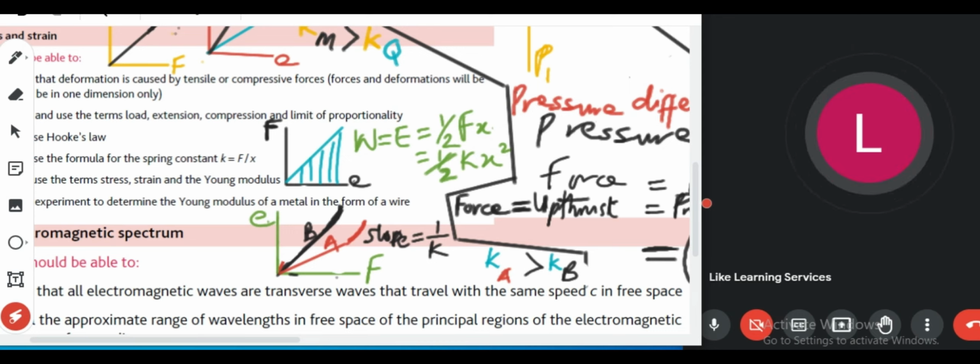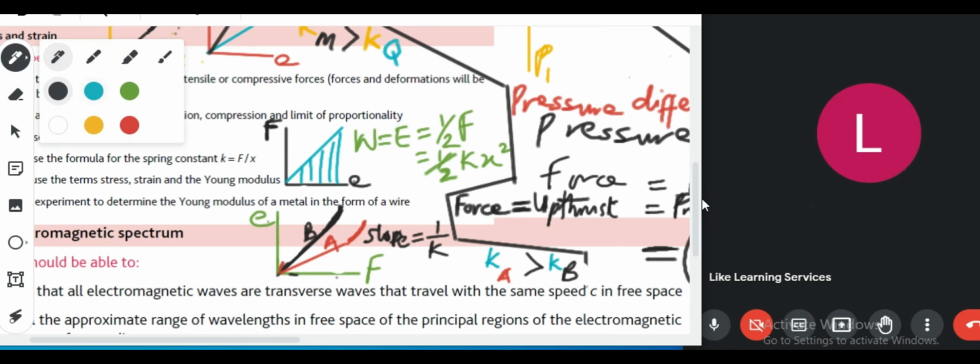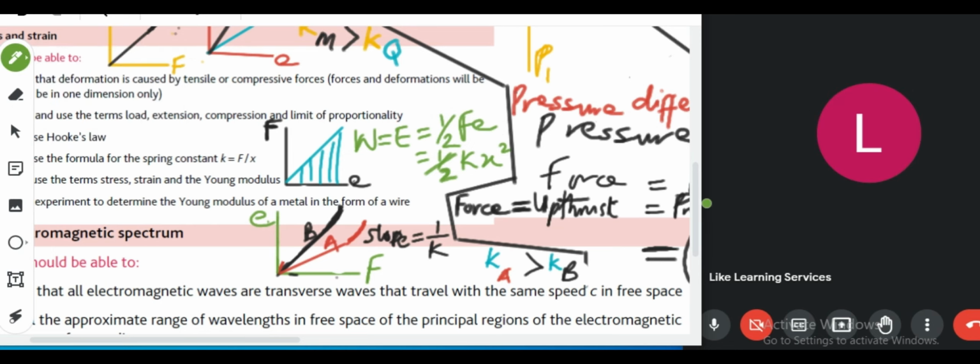Since we are going to use the average force, we have half F times that distance. This time, the distance is going to be the extension.